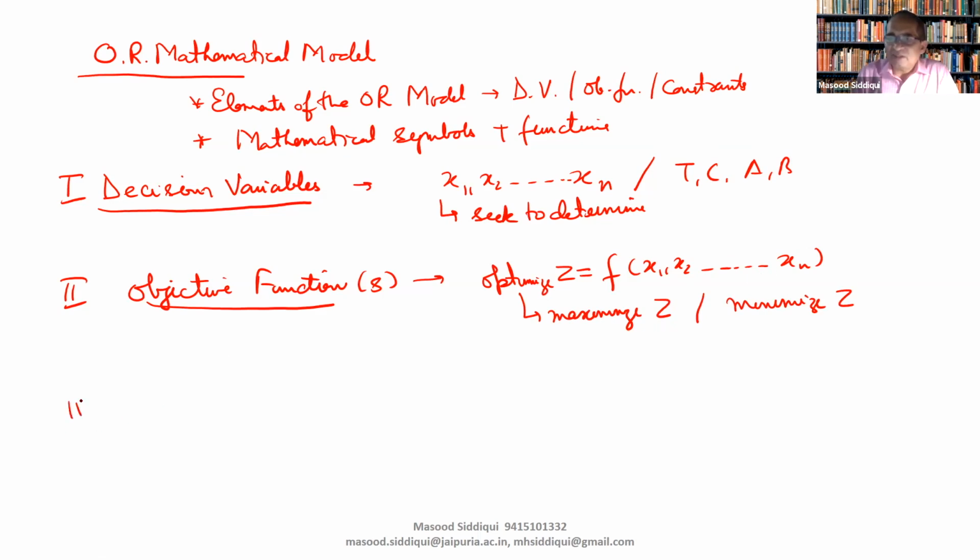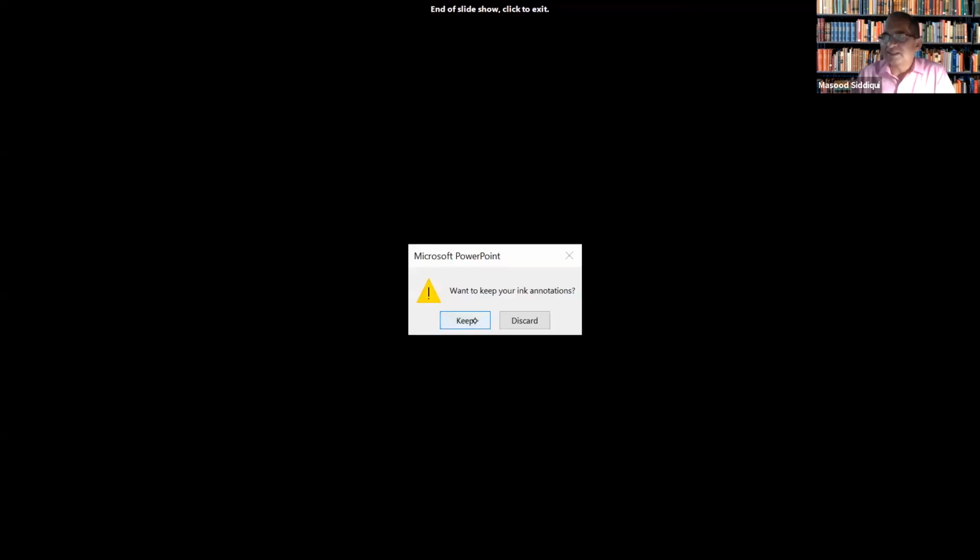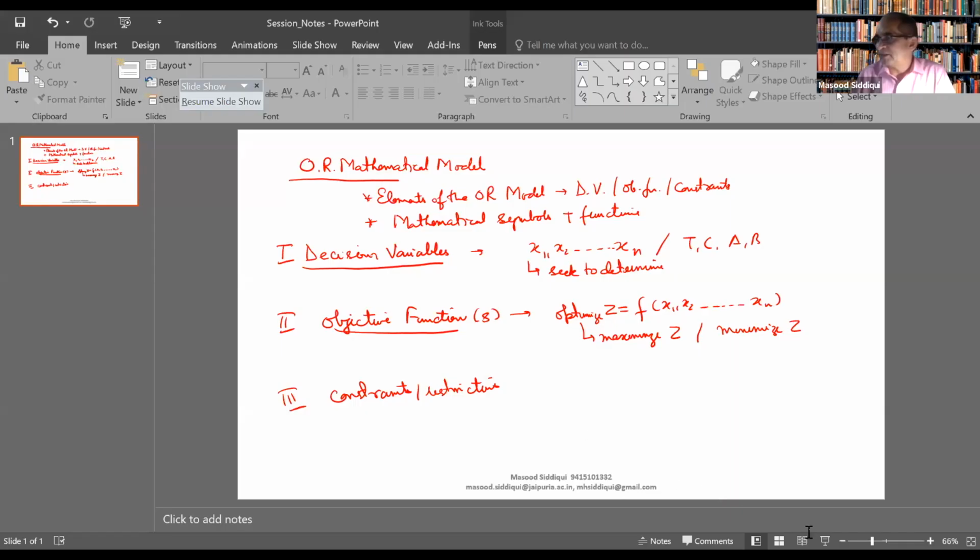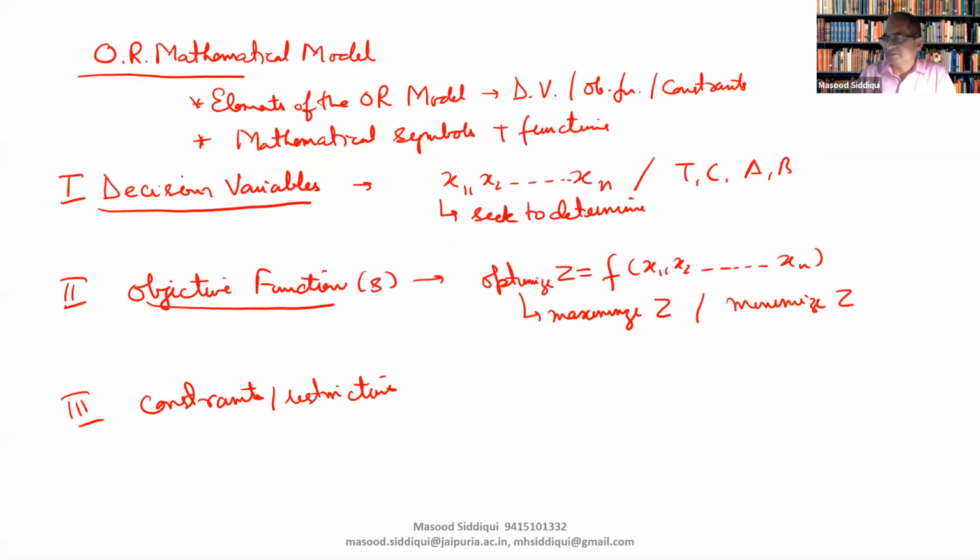Now, in the third part, we move to constraints and restrictions, which are imposed on our systems. They are again functions of the decision variables.